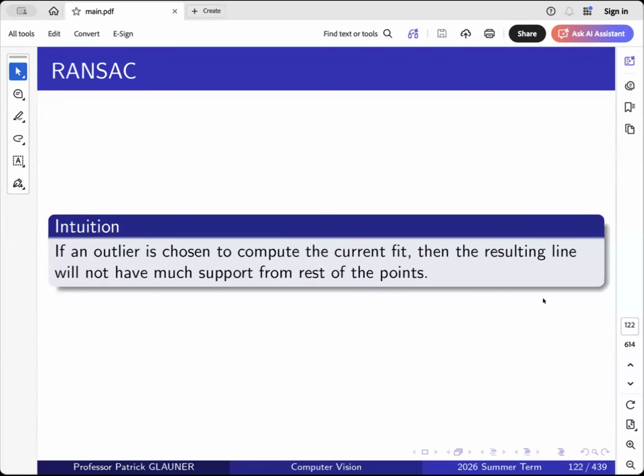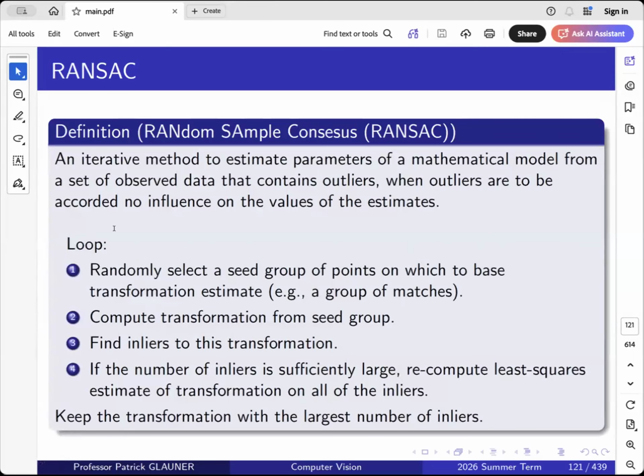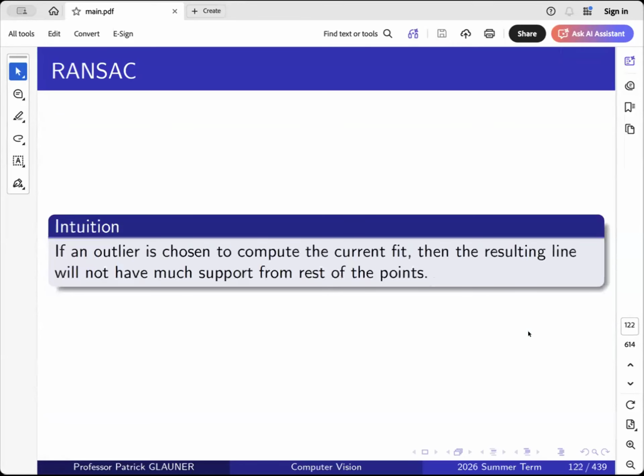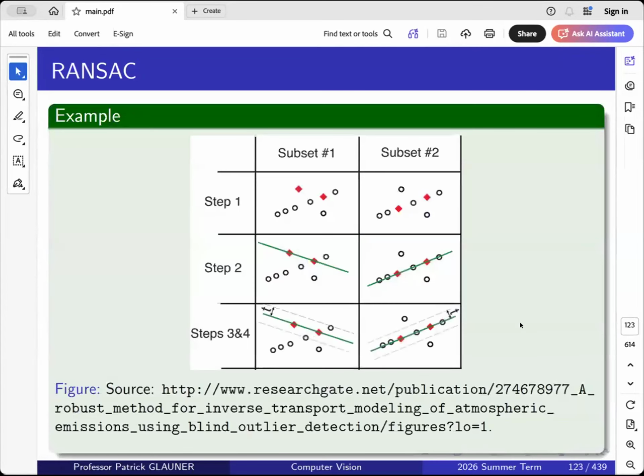Then probably you want to know, how does it work? I think an example is great, because we keep repeating this until we have the transformation that got the most votes. What you see is a data set, which is all the circles plus the 2 squares.